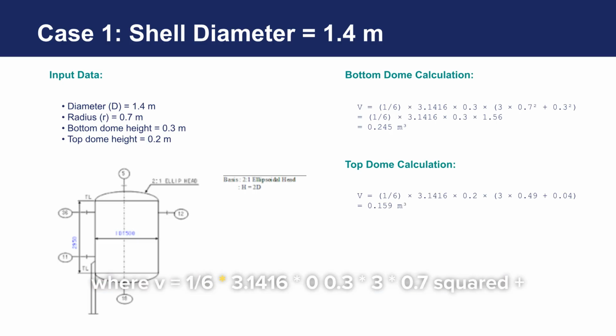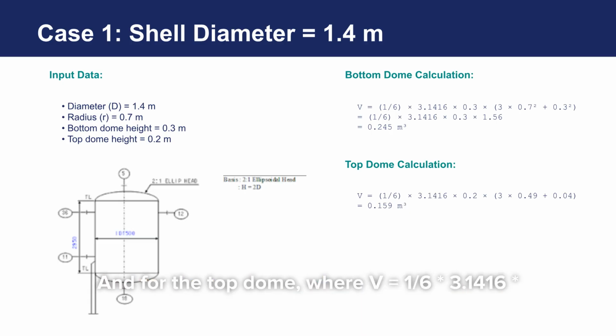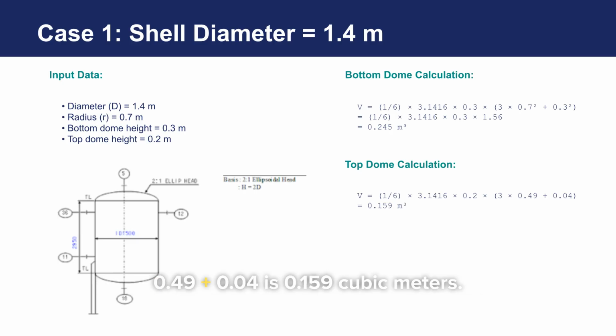For radius and dome heights, the calculated volume for the bottom dome, where V equals 1 over 6 times 3.1416 times 0.3 times 3 times 0.7 squared plus 0.3 squared, is 0.245 cubic meters. And for the top dome, where V equals 1 over 6 times 3.1416 times 0.49 plus 0.04, is 0.159 cubic meters.